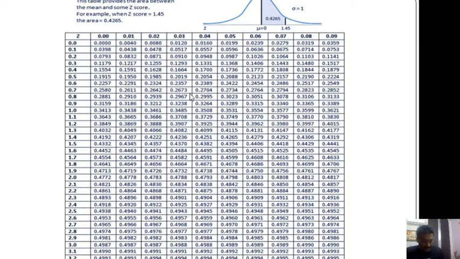Let me point it out first of all. So in front, we were talking about this value. This would be the area of the standard normal curve for Z equals 0.43. You know very well, we have discussed this a lot.